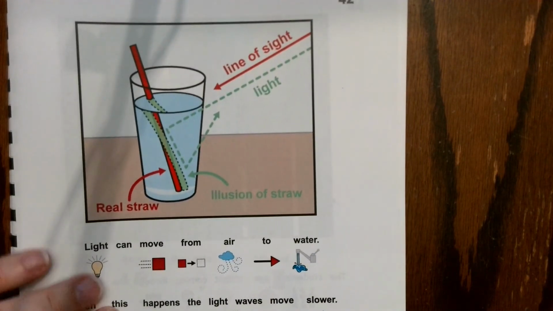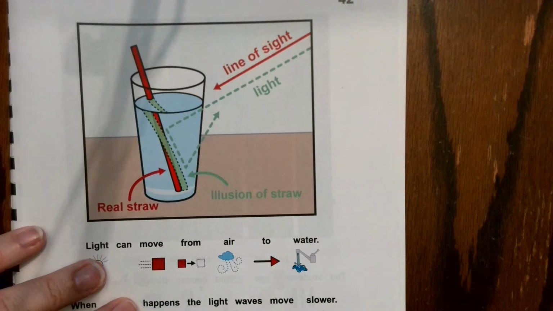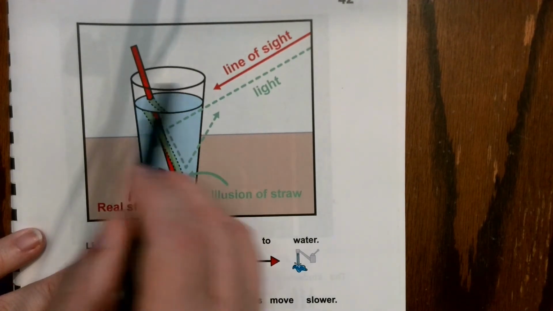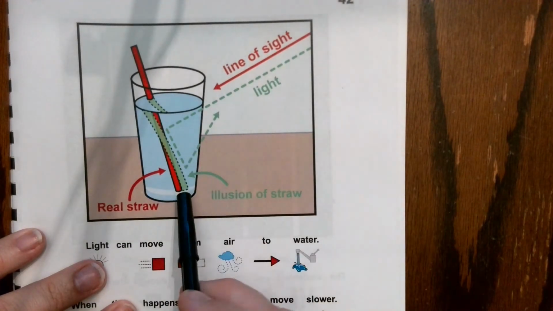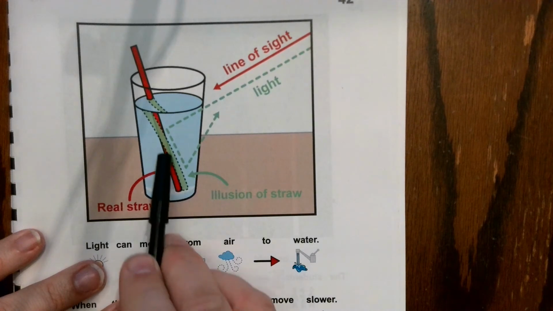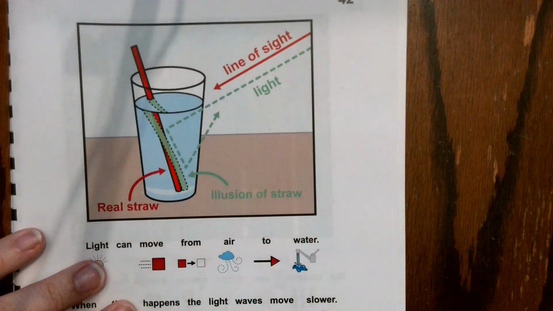Let's take a look at this picture. It kind of shows us how it really works. What they did here, we have the same glass of water, okay? And the real straw is going straight up and it's not bending.